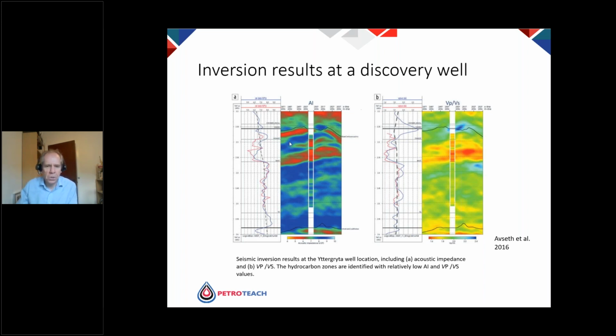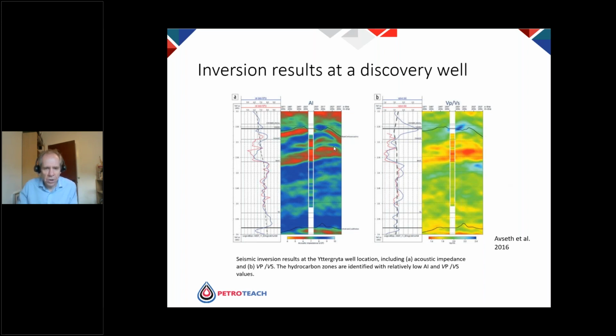But here's the acoustic impedance, and then here's the VP-VS, and there's a well location here, and you can see that the VP-VS is slightly lower in here. You can see this feature in here, and that's indicating to us that there might be hydrocarbons in there. This is the North Sea. You can see the top of one of these tilted fault blocks, and you can see the erosional surface up here.